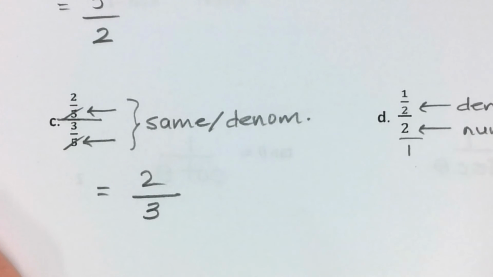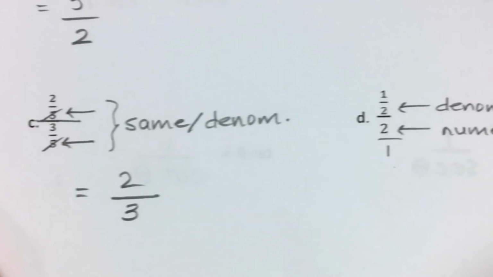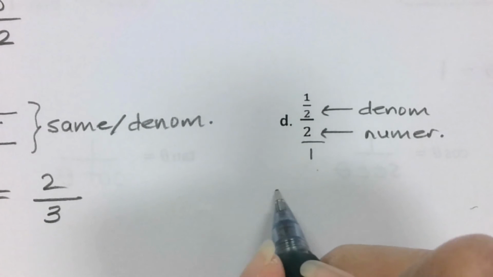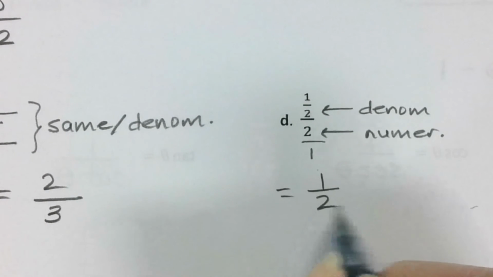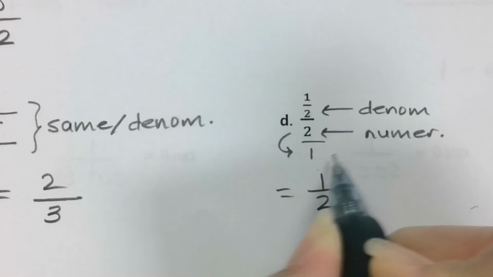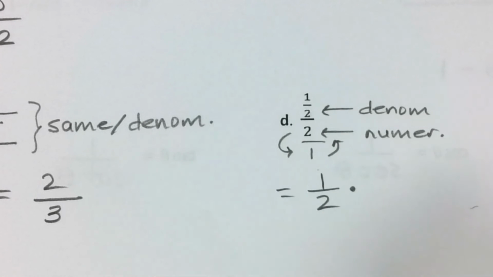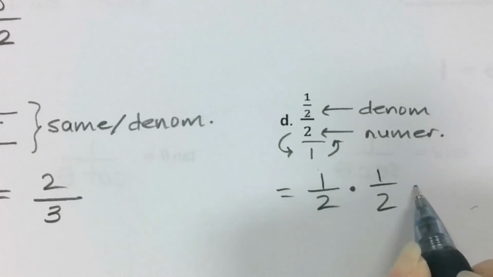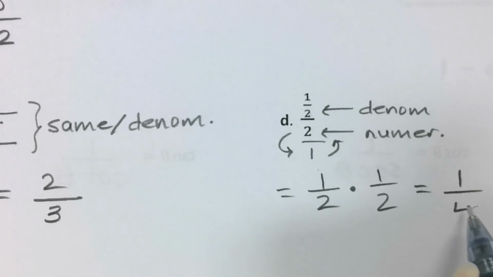They are not in the same location, even though they're the same number, so you are not able to cancel. Keep the top fraction the same, change it to multiplication, and do the reciprocal. For this problem, the answer is a 4th. So be wary of those tricky, misleading problems.